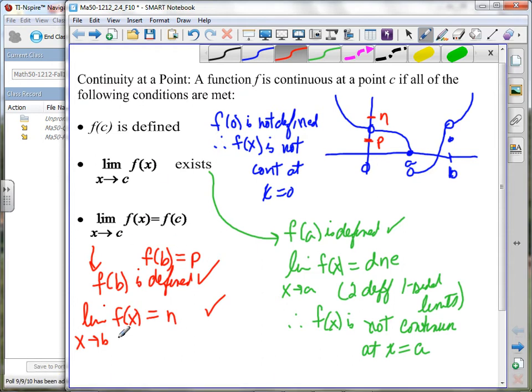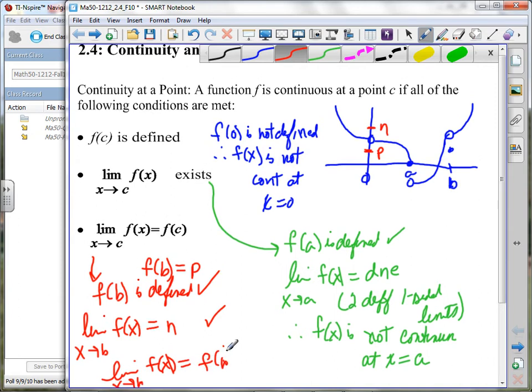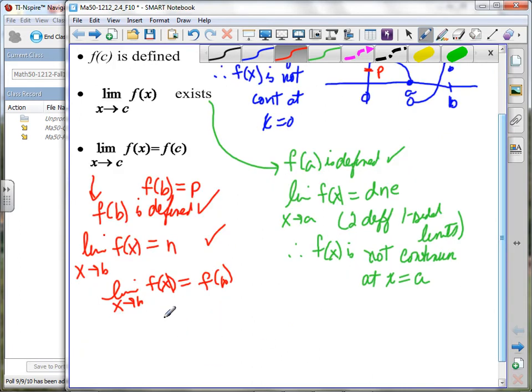Now we come to the third criterion. Does the limit value as x approaches b equal the output value? Well, this is n and this is p, and those do not equal.